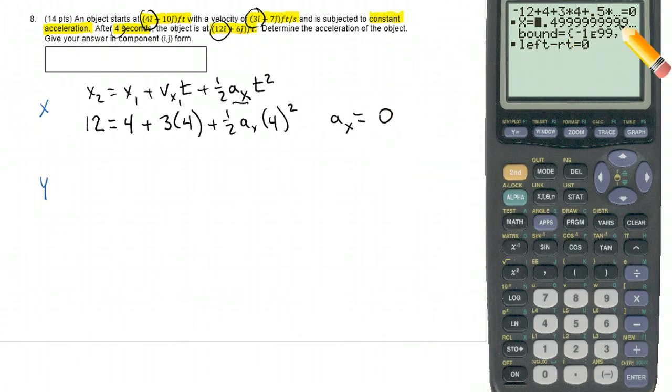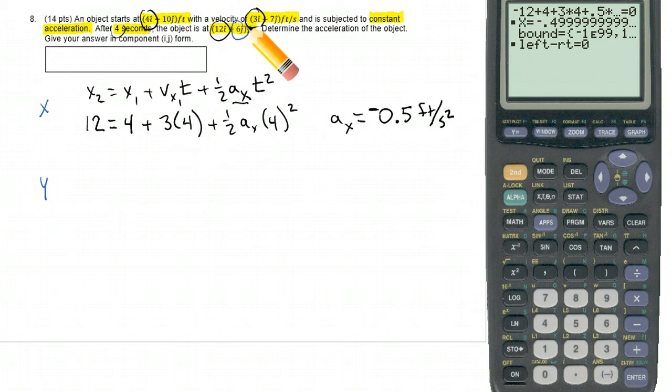A little bit of round off here because the solver is approximating, so don't write down a bunch of decimal places. It's pretty obvious that the right answer is minus 0.5, and we're working in feet, so our acceleration is going to be feet per second squared. Alright, I'm going to do the same thing with y.